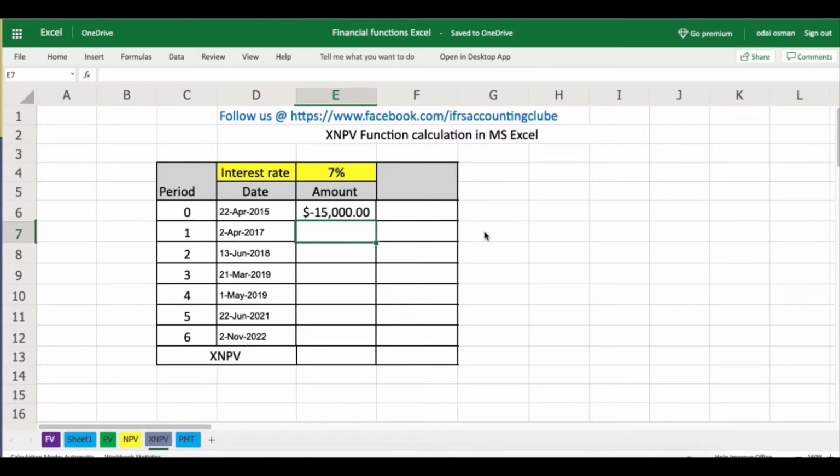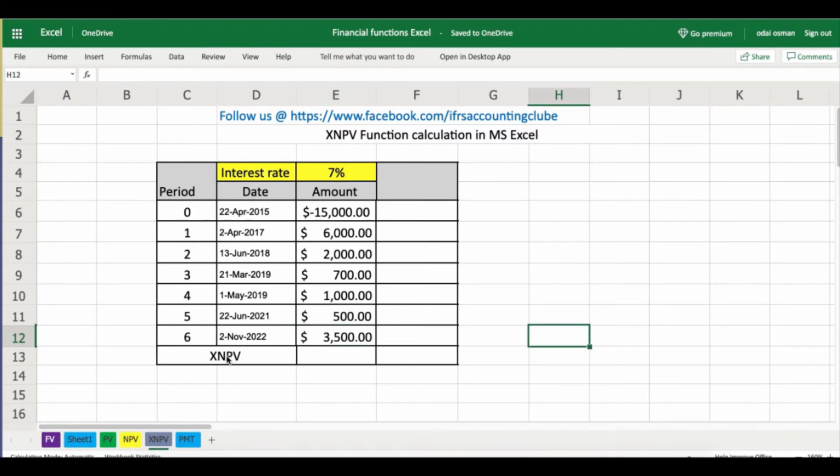So let's assume we have 6,000, and then we have 2,000, and then $700 first year. Let's assume 1,000, and then let's assume we made 500, and lastly we have 3,500.